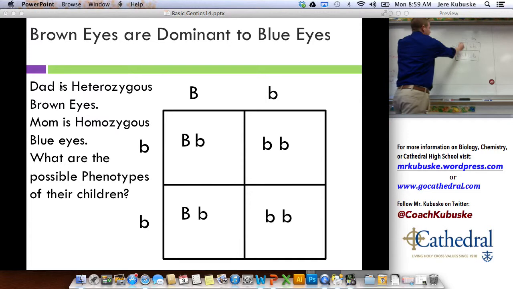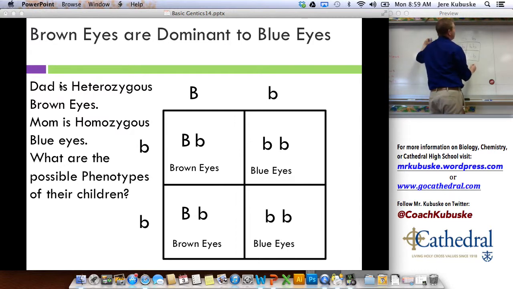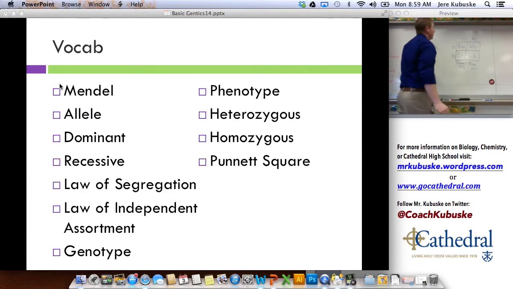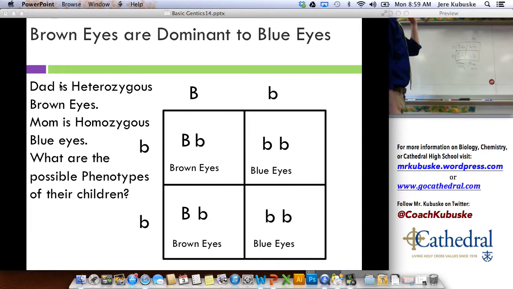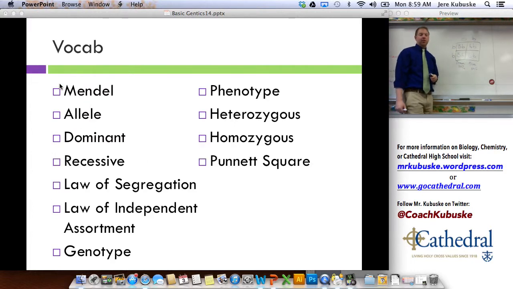These 2 have a capital B. The only thing that they can be is brown eyes, so it's a 50% chance for brown eyes. And the only thing these 2 could be, since they have 2 little b's, is blue eyes. So there's a 50% chance the kids will have blue eyes. So the 2 possible phenotypes are brown eyes and blue eyes. But if they were both blue-eyed, the only possibility would be kids with blue eyes because no matter what, they get little b's.